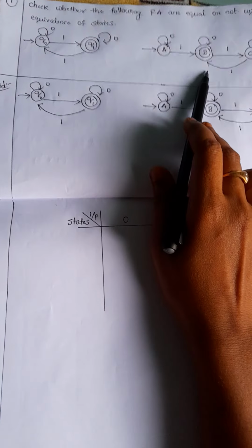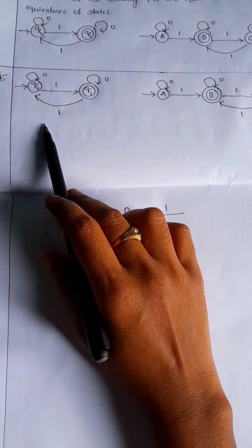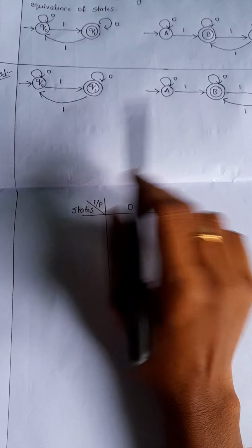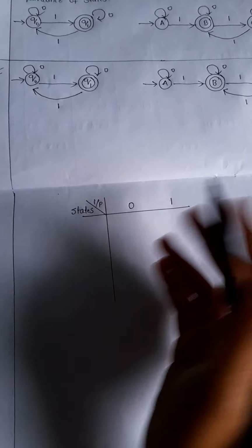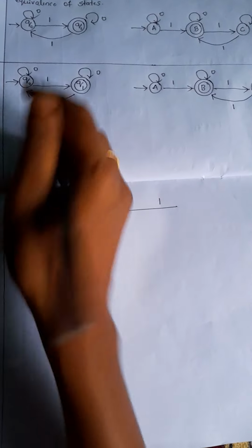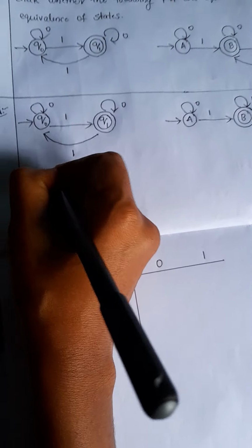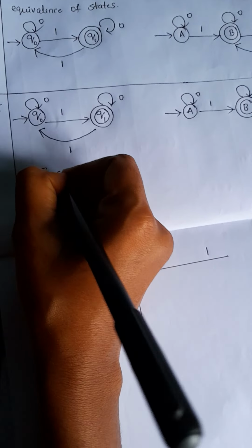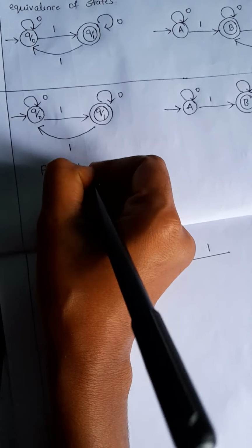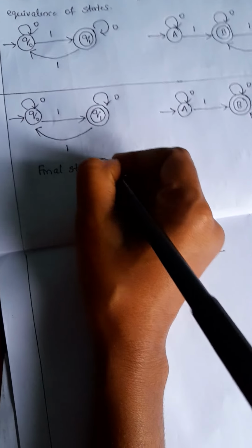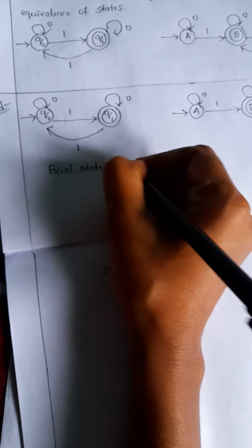These are the diagrams they will give in the problem, and while we are writing the solution, we need to redraw the diagrams again. For the first diagram we need to list out the final states and the non-final states. Here the final state is Q1.